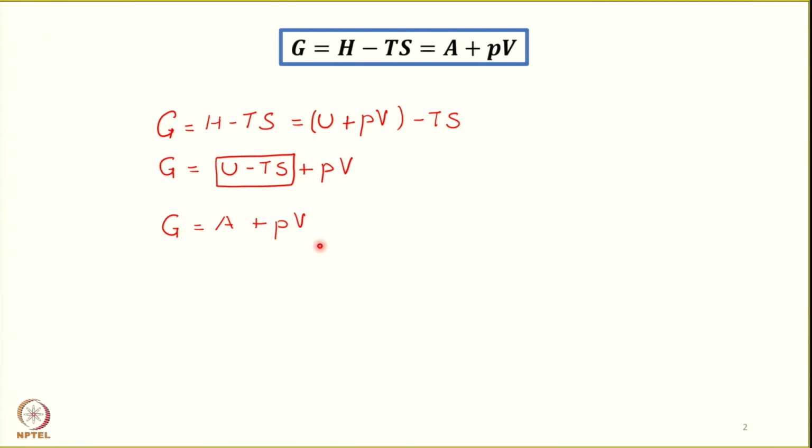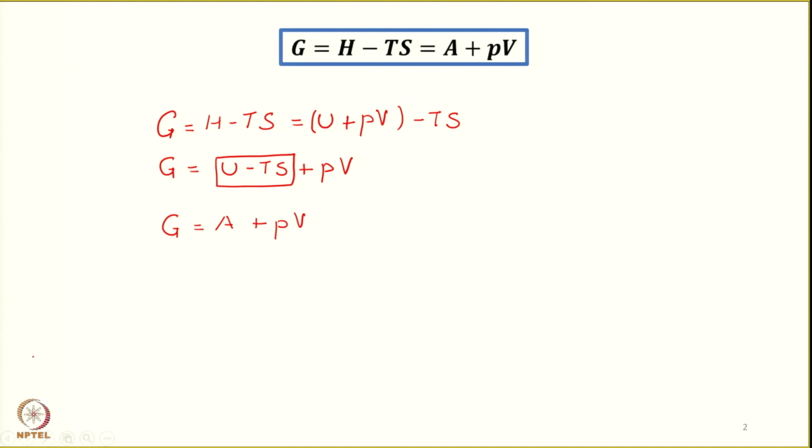And here you have an expression which can connect both delta G and delta A, and the connectors are these changes in pressure and volume. All right.